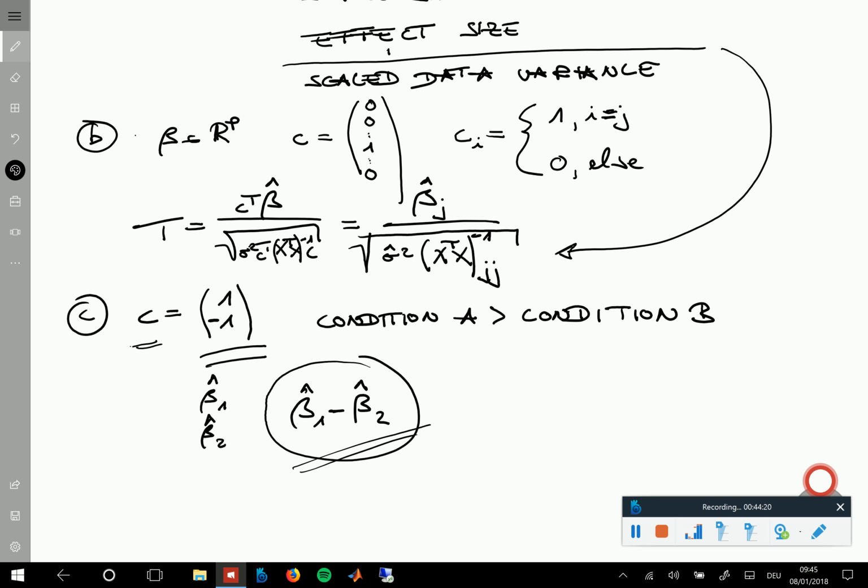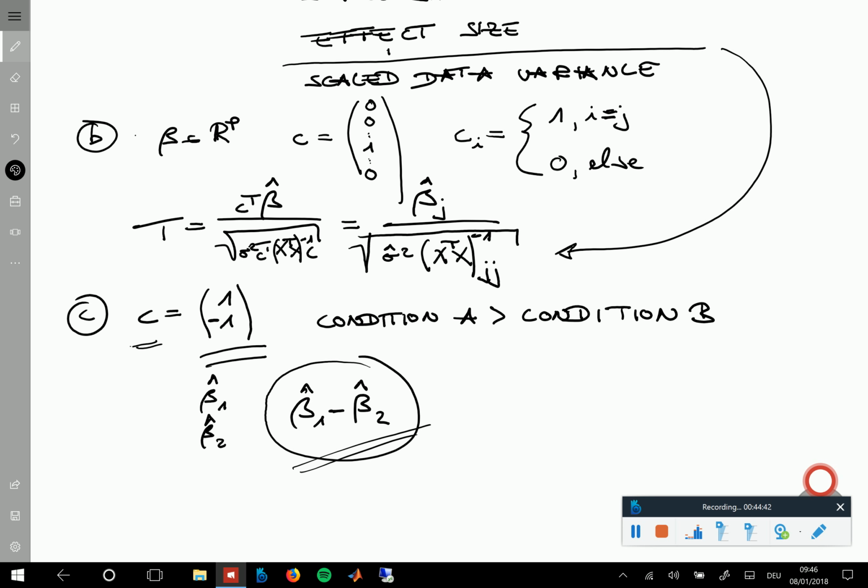Good. So I think I want to stop here. This has nothing to do, and you should not confuse that, with hypothesis testing, and this has nothing to do with p-values. This is just one statistic that you can compute based on some data.